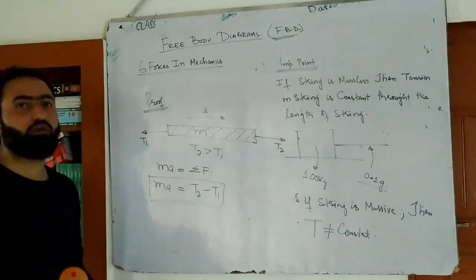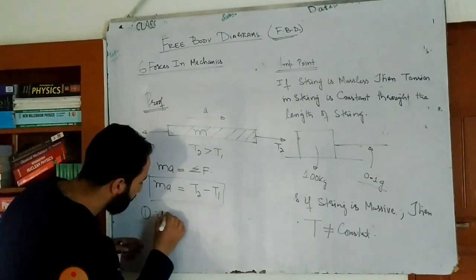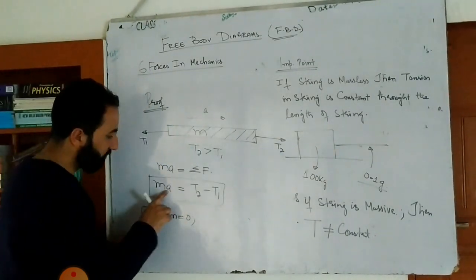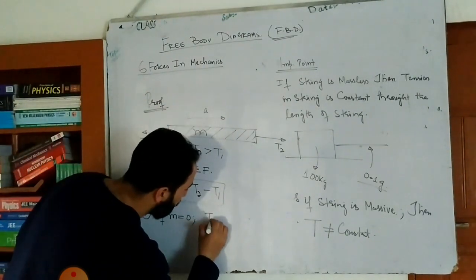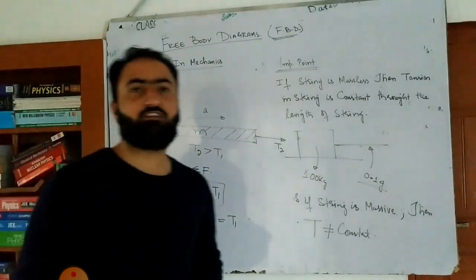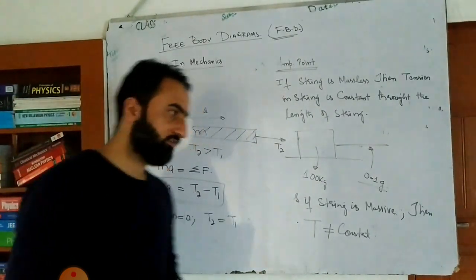Now there are two possibilities. Possibility number one: if the mass of the string is 0, that means it is massless. In that case this will be equal to 0, so T2 minus T1 will be 0, which means T2 is equal to T1. That's what I'm saying: if the mass of the string is equal to 0, then the tension throughout the length of the string remains constant.